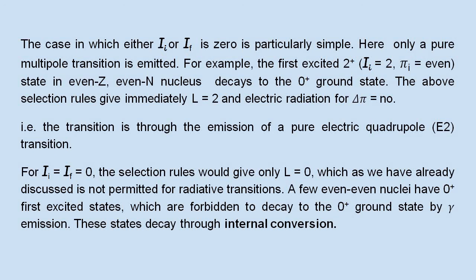So we have our selection rules for angular momentum and parity, and we have now explained why the special condition L equal to 0 is not possible. And that's all in this lecture. Thank you.